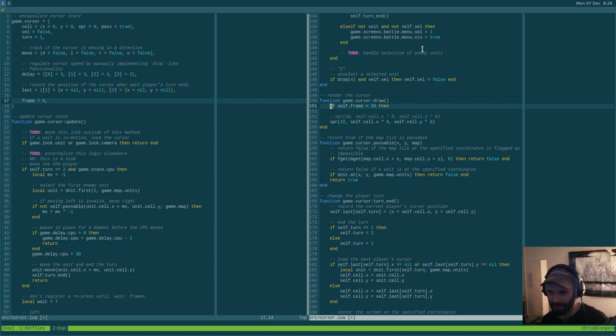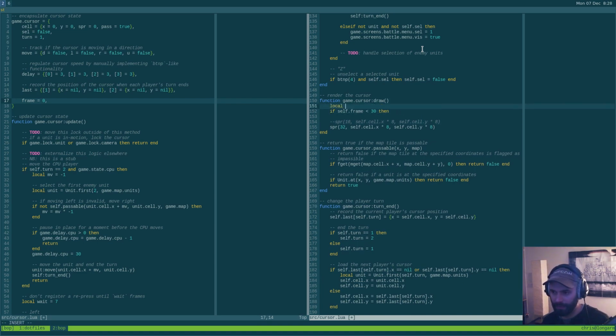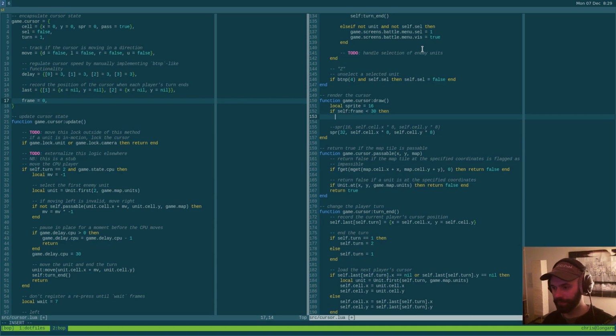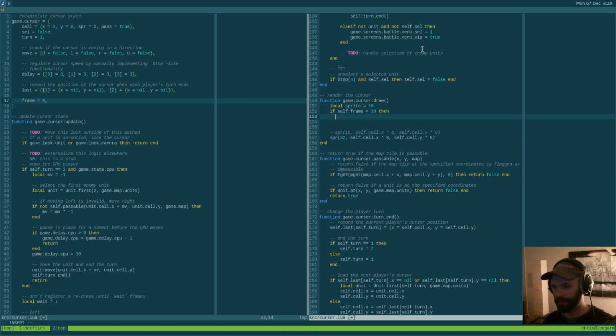I don't want to spend a bar on this. No, wait, yeah, I do. Local sprite is 16. If self.frame is less than 30, which is half a second, then no, we're just going to default. Yeah, whatever. Fine.